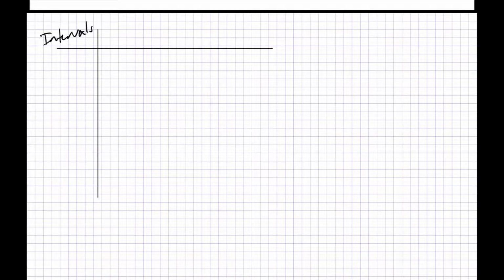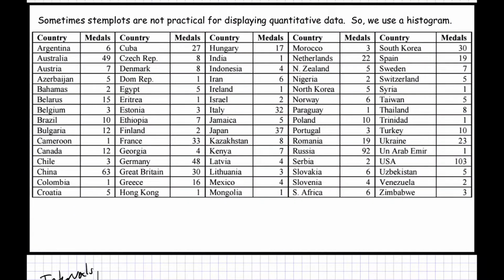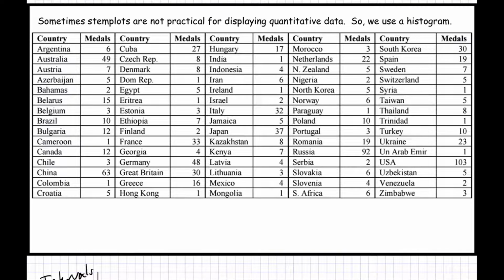So what we have to do is separate all of these countries into at least 5 intervals. Let me write that down: at least 5 intervals.